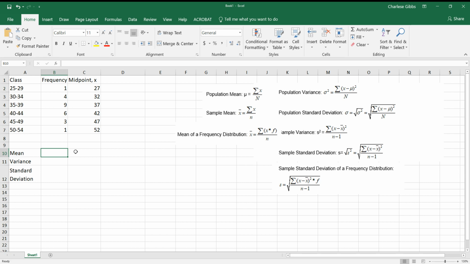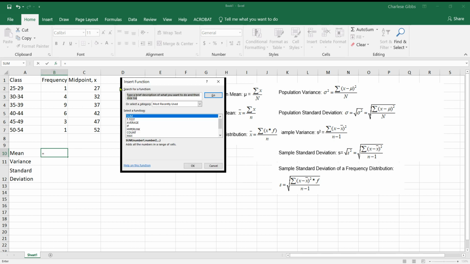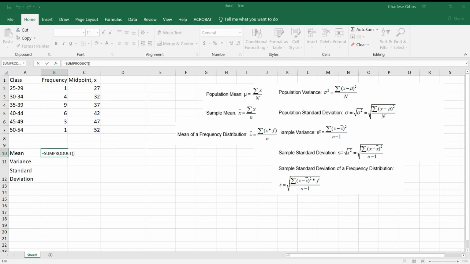So here's how you do this in Excel. I have my equal sign. There is a SUMPRODUCT feature that we can use, and what that will do is add our x times f.